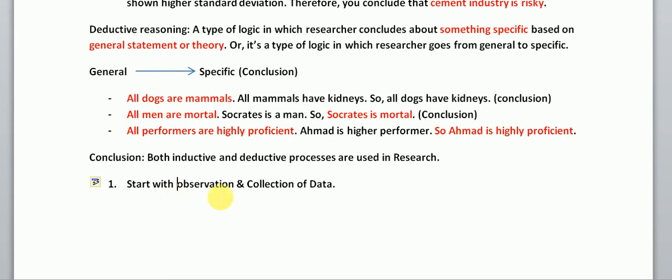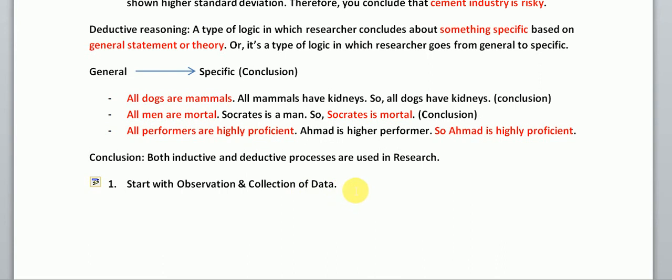Okay, dear students, once again, when you try to conduct research with an inductive process, it means you do not have any general theory or general hypothesis. You start by observing something for which there is no literature, and you collect the data on that.